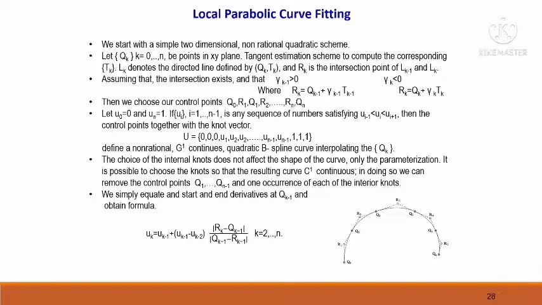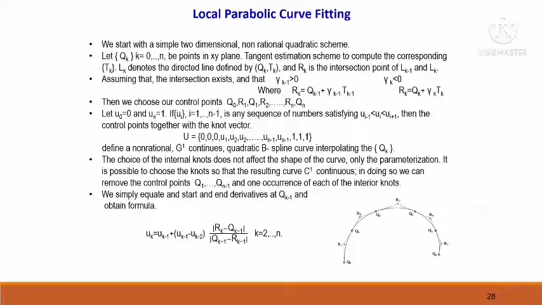Local parabolic curve fitting. For local parabolic curve fitting, first we start with a simple two-dimensional non-rational quadratic scheme. Let the set q k be points in the xy plane. The tangent estimation scheme computes the corresponding set t k, and l k denotes the director line defined by the point q k and t k, and r k is the intersection point of l k minus 1 and l k.